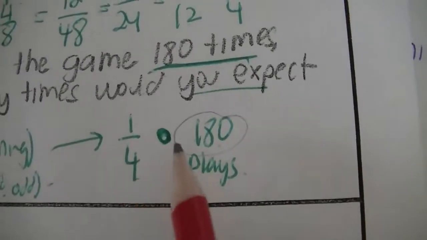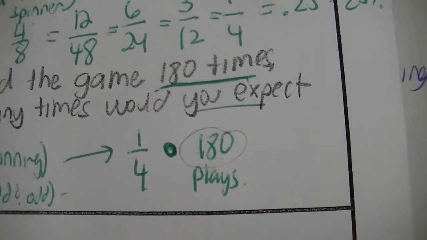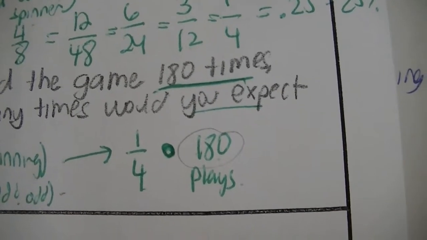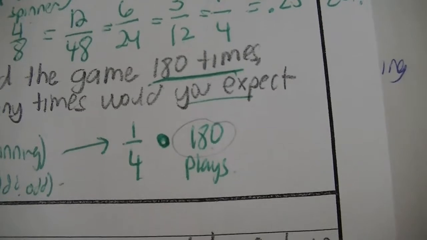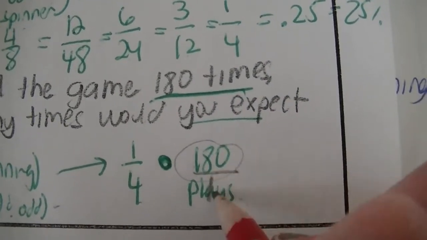Now this looks a little confusing to me because I have a fraction right here and it's times 180. To help my life a little bit, I'm going to turn 180 into its fractional form. It's not going to change the meaning of the problem, it's just going to help my brain. So 180 over 1 is still 180.